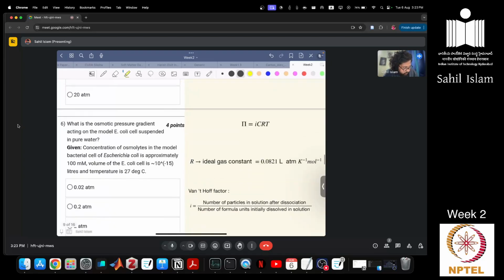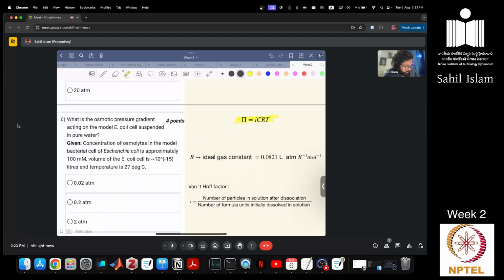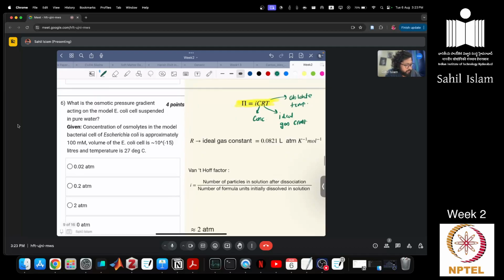For osmotic pressure there is this empirical formula. C is the concentration, R is the ideal gas constant, T is the absolute temperature, and i is called the Van 't Hoff factor.